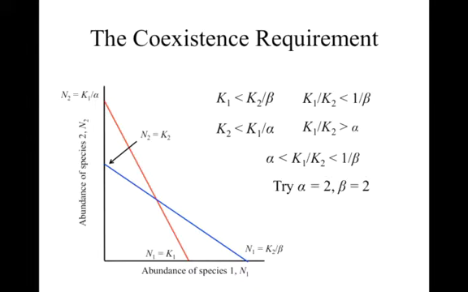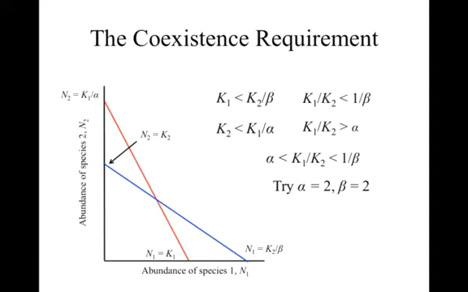All right, so let's think about a case where interspecific competition is much, much stronger than intraspecific competition. In this case, alpha and beta should both be much bigger than 1. If interspecific competition for species 1 is stronger than intraspecific competition, and interspecific competition for species 2 is stronger than intraspecific competition, then both of those competition coefficients should be bigger than 1.